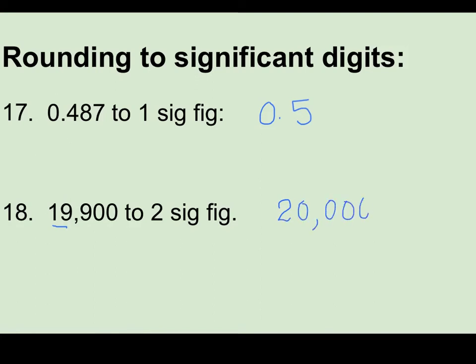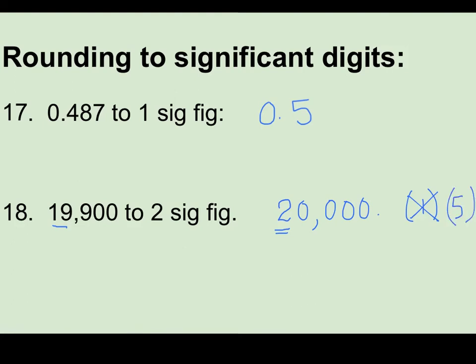The problem is, if we write the 20,000 like this, we don't have 2 significant digits, we only have 1 significant digit. That would be the 2. All the zeros are not significant because they're to the right of a number, but there's no decimal present. And so you could argue, well, let's just put the decimal in. But as soon as we do that, now we have not 1 significant digit, but 5, because that makes all of the zeros significant.